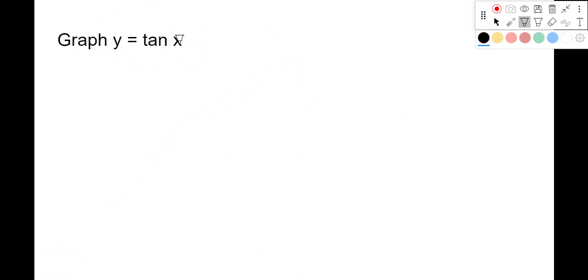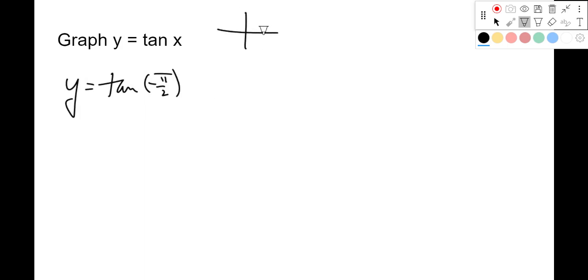Finally, there's tangent and cotangent. Tangent and cotangent are a little bit different. For tangent, we want the graph to start at an asymptote. There's asymptotes in each cycle of tangent and cotangent. So we want to start at an asymptote and stop at an asymptote. To do that, the first point we're going to evaluate at is actually negative pi over 2.